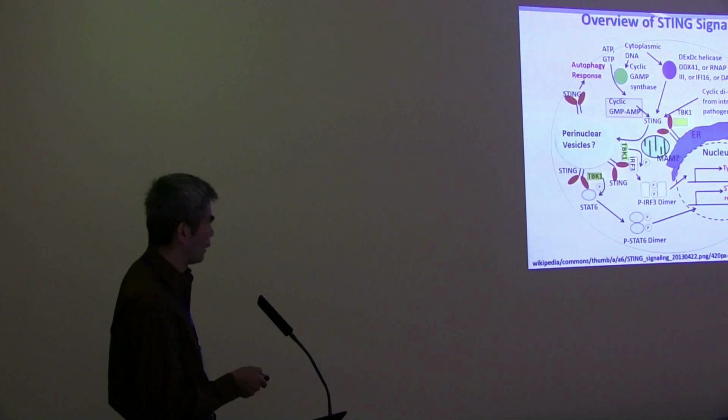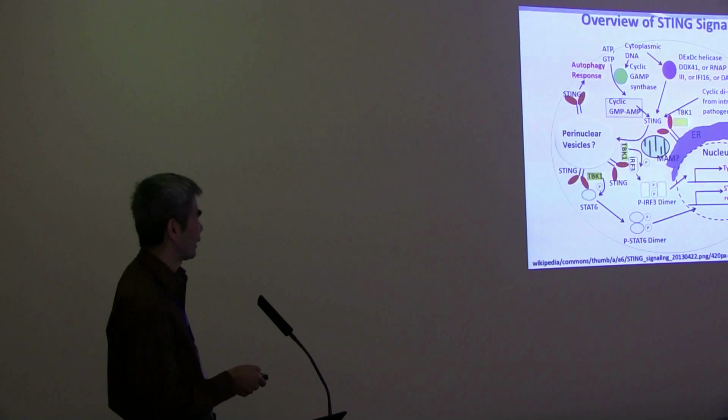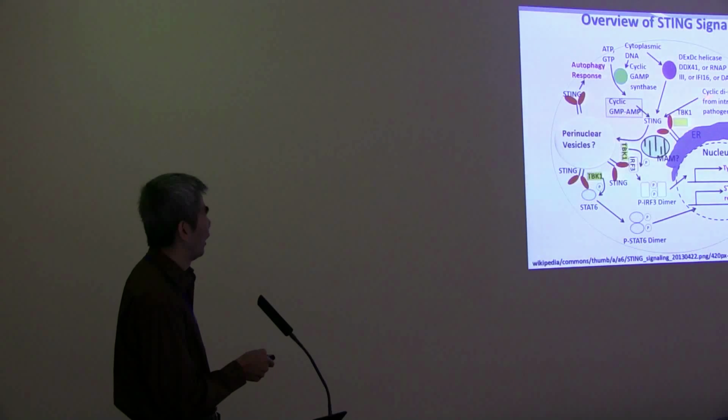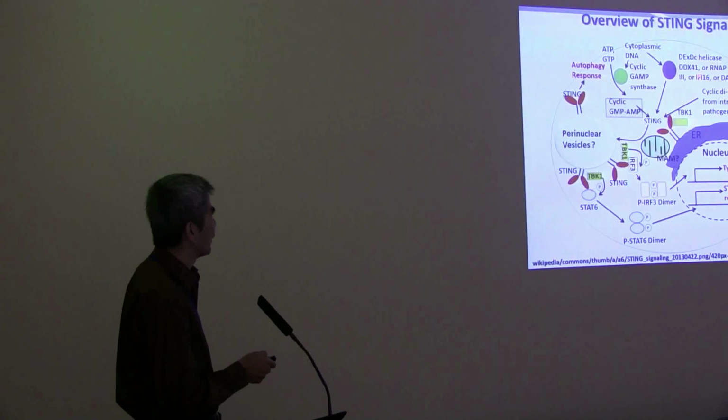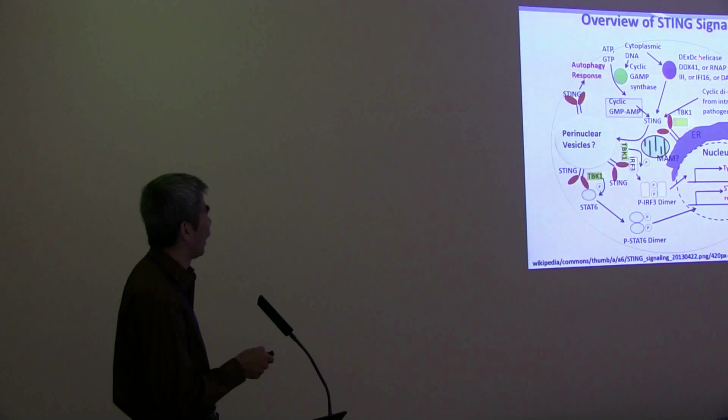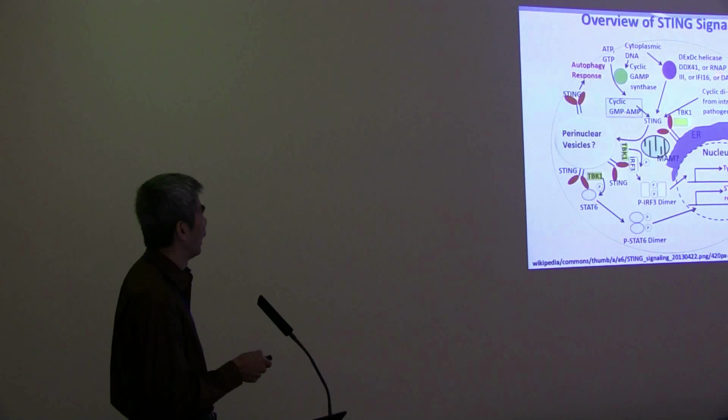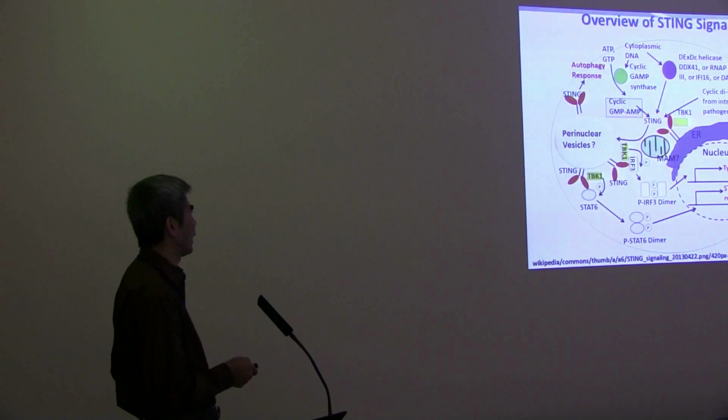STING also binds bacterial second messengers like cyclic di-AMP or cyclic di-GMP. Several other cytosolic DNA sensors, such as IFI16 or DDX41, may also use STING to trigger the downstream signaling pathway.